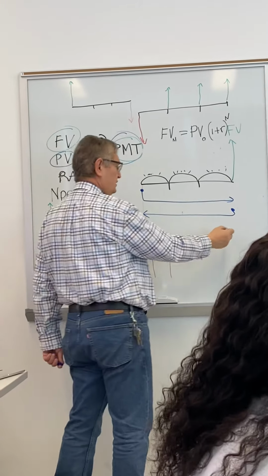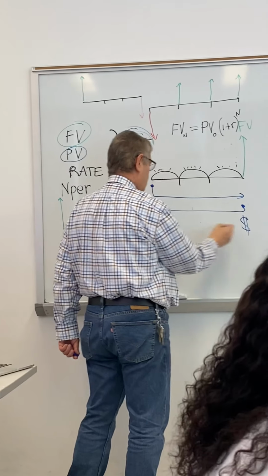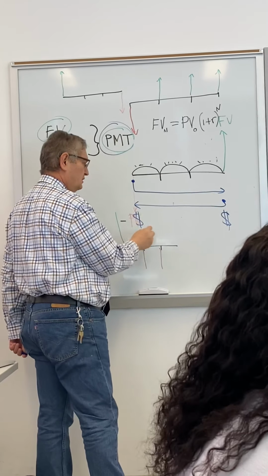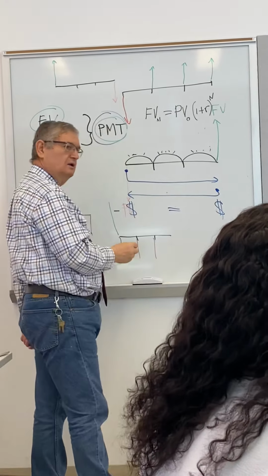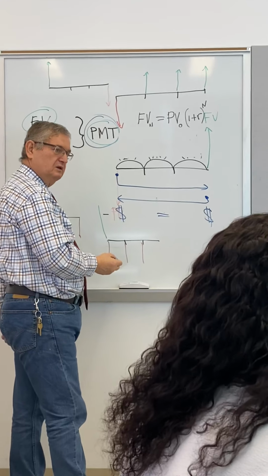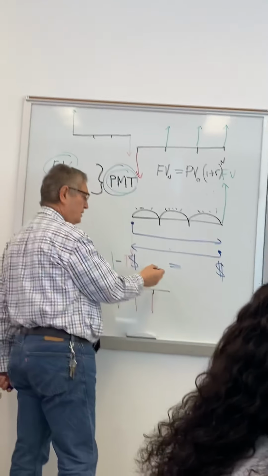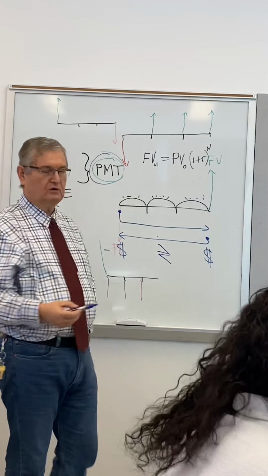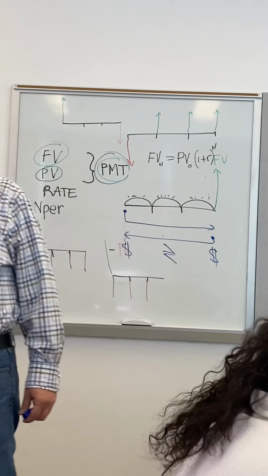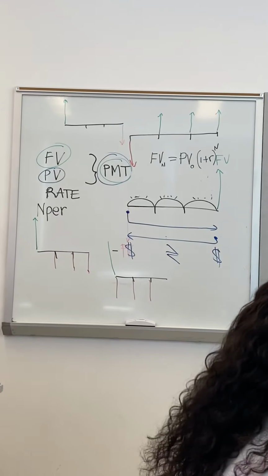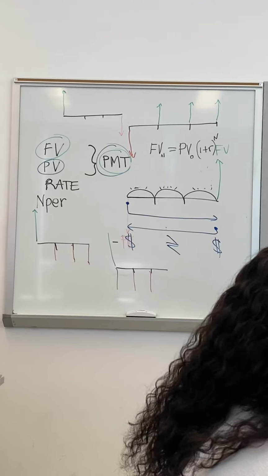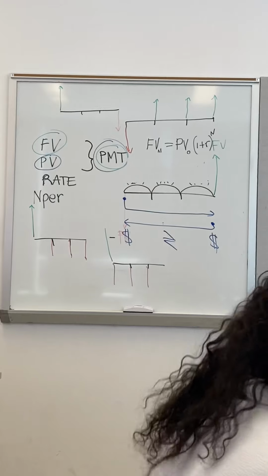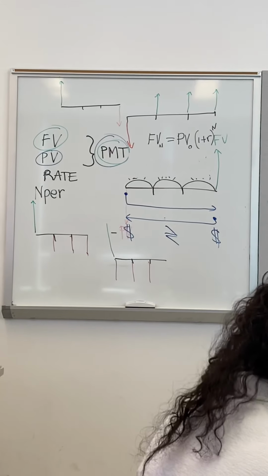Whatever is here and whatever is here should be in a particular relationship. Should be positive, negative, or zero return rate. Therefore it should be able to increase, be the same, or decrease. Is this clear?